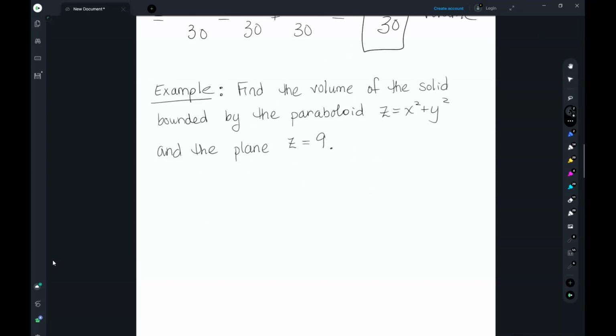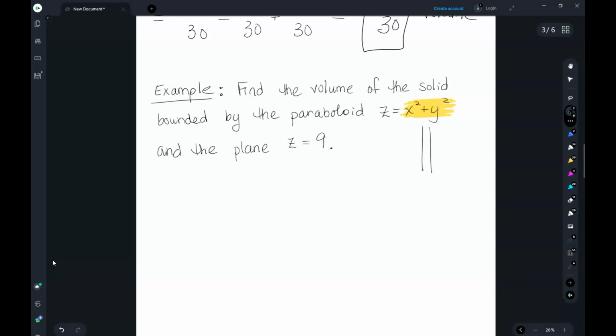This next example is very similar in that we're trying to find the volume of a solid using a double integral. But because this second example has x squared plus y squared in it, it's going to be much easier to calculate this volume in polar or cylindrical coordinates.